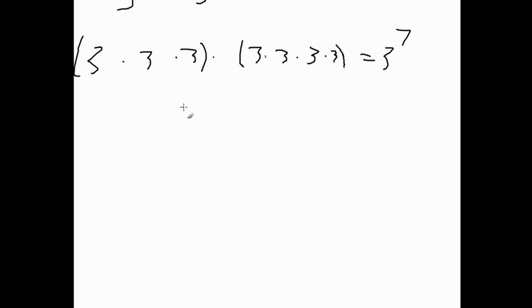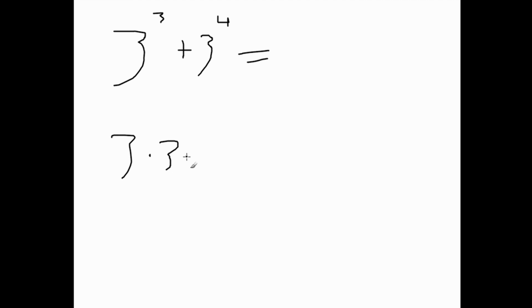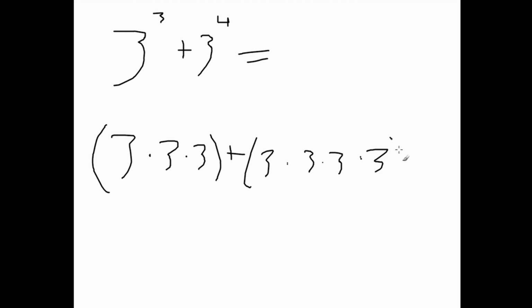Alright, now what if we had 3 to the third plus 3 to the fourth? What will this equal to? 3 to the third will equal 3 times 3 times 3 plus 3 times 3 times 3 times 3.